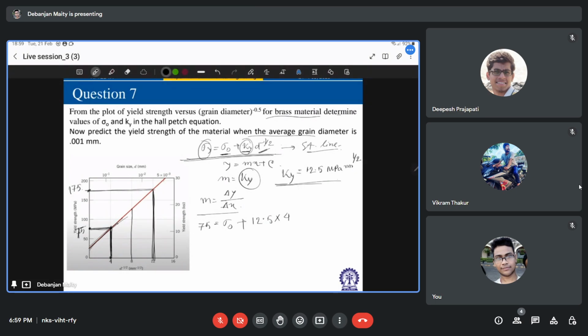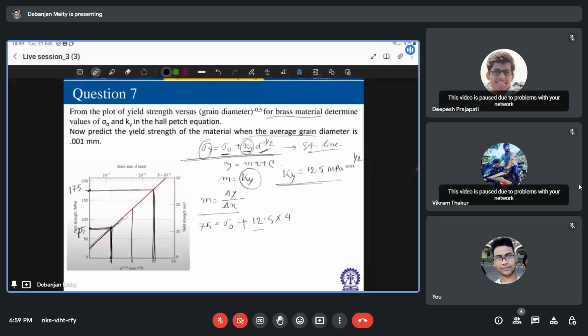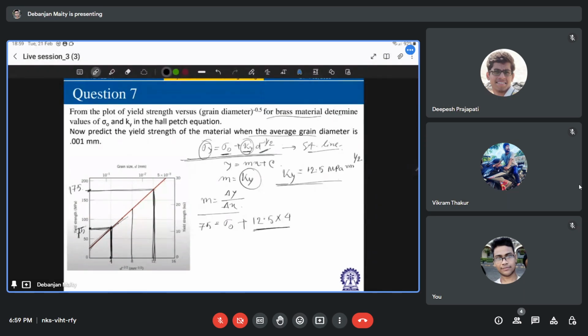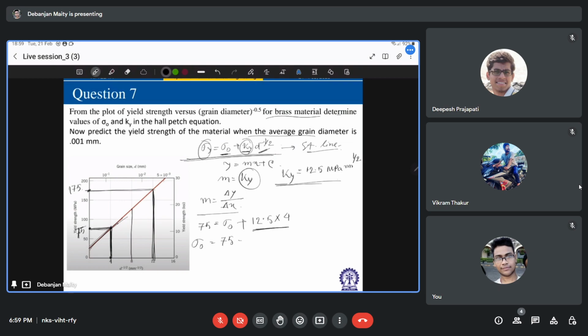Oh, sorry, this is 4 only. D to the power minus half value is 4. Got it? So we got the sigma naught value also. So you got the sigma naught value, you got the ky value.